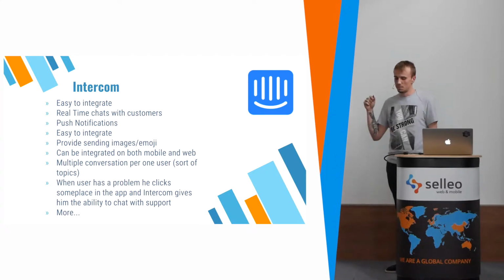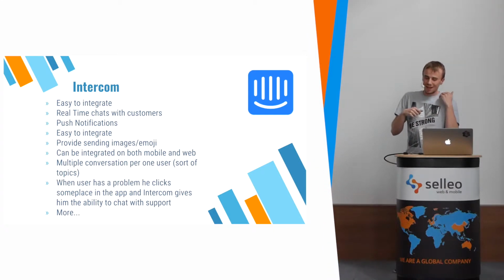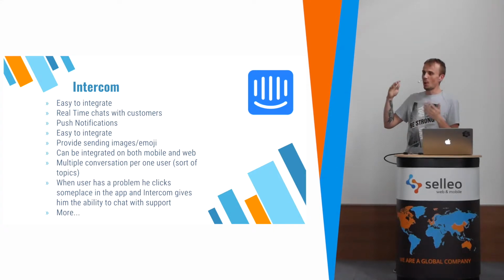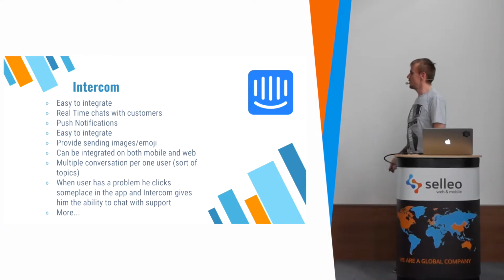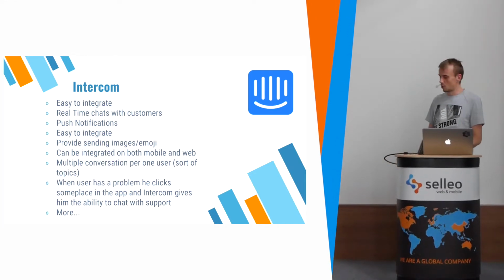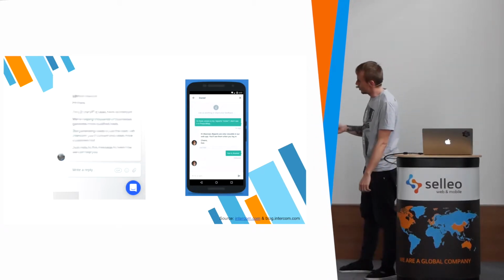And you can make a place in your app where, when the user clicks on this place, it will show you a pop-up where all the communication begins. It also has more features. That's how it looks on the web.